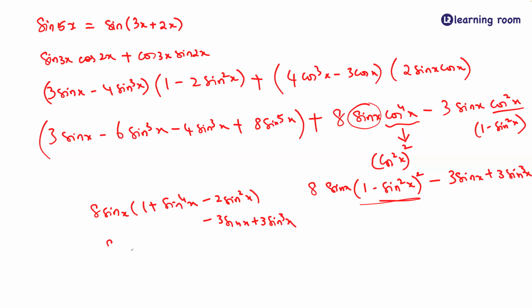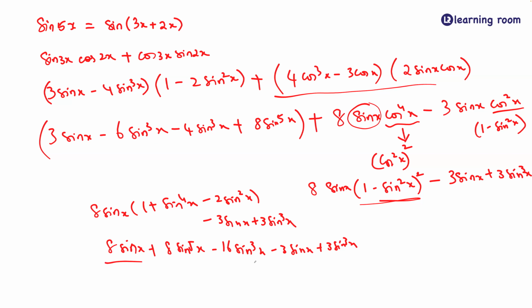It will be 8 sin x plus 8 sin power 5x minus 16 sin cube x minus 3 sin x plus 3 sin cube x. This is only the second part. This whole thing is only the second part.